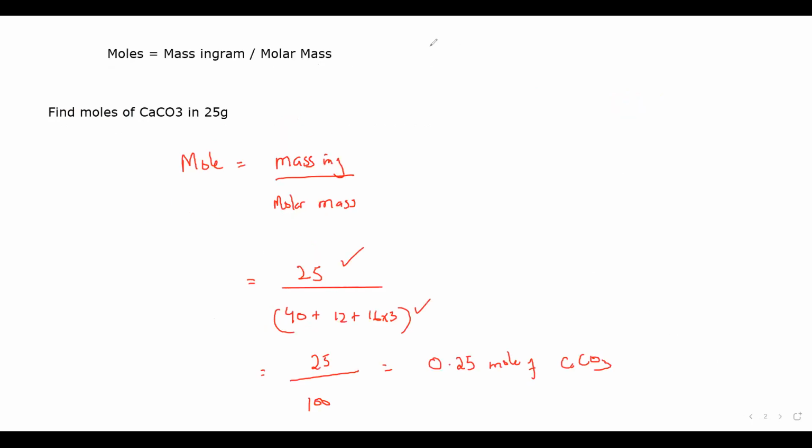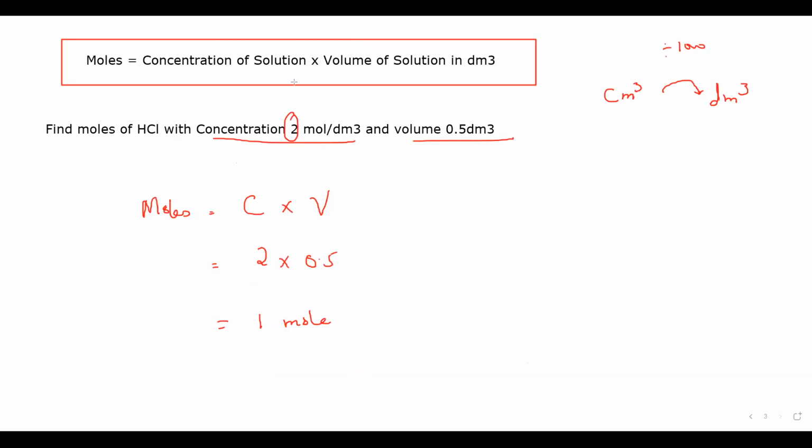And what about the first formula? As you can see, the first formula is used when the mass is given. And the second formula is used when you have the concentration and volume. You multiply, you will get the answer.